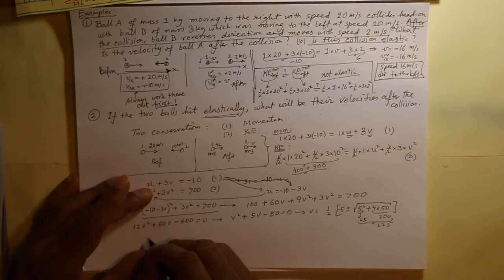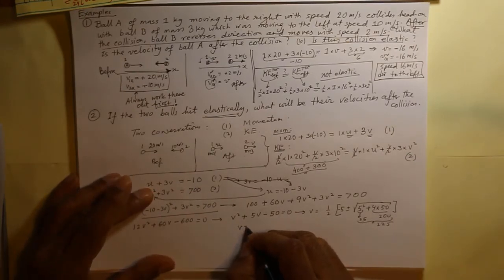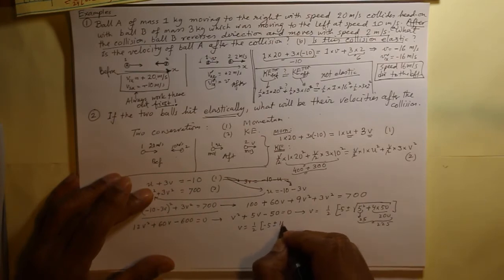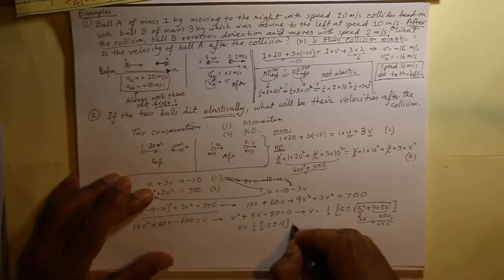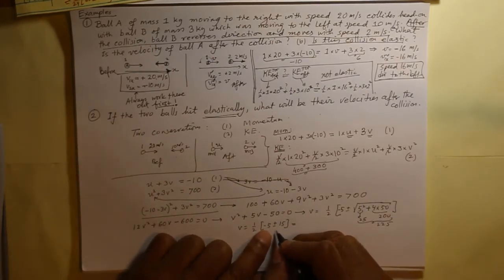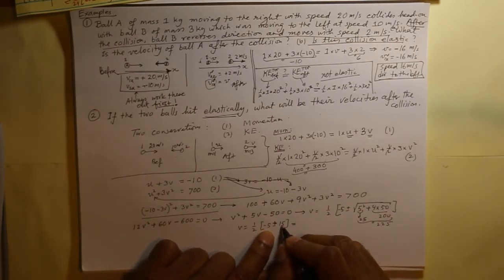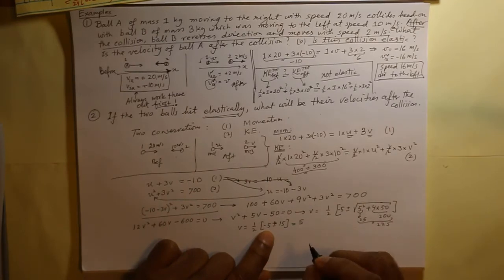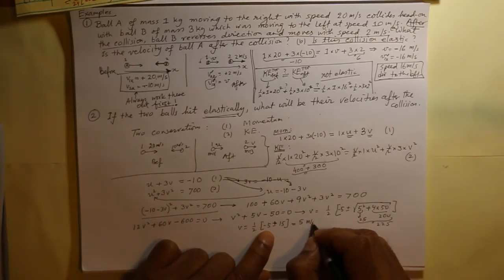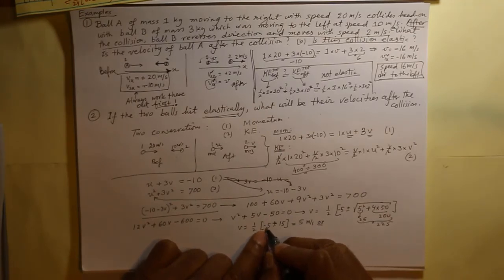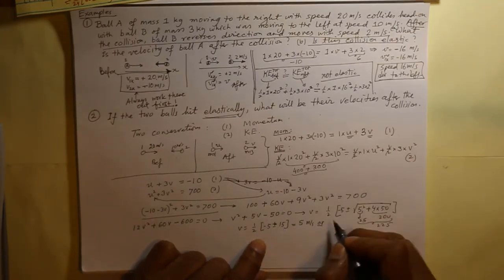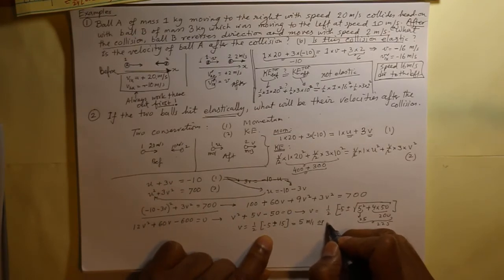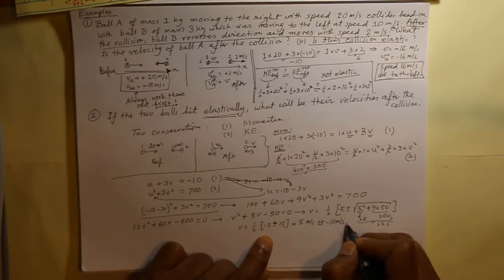So v is equal to a half of minus 5 plus or minus 15. If I use a plus here, then I get 10 over 2, so it's 5 meters per second. Or if I use both minus, then I have minus 20 over 2, which is minus 10 meters per second.